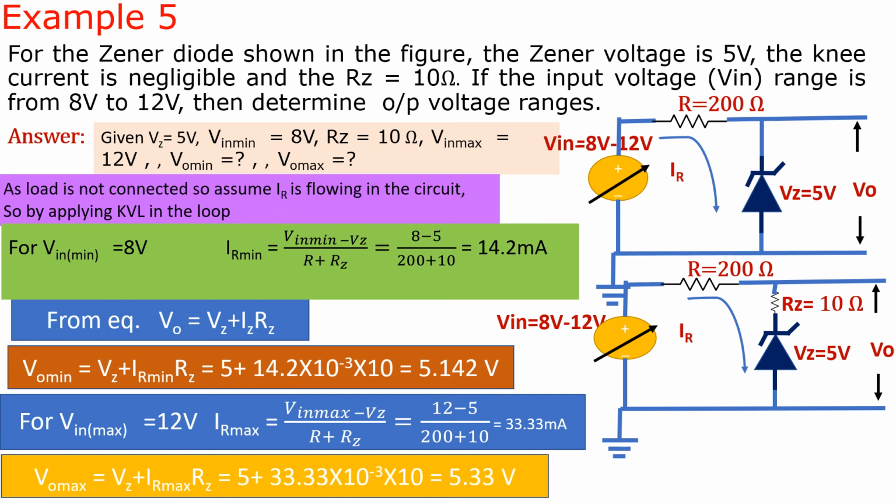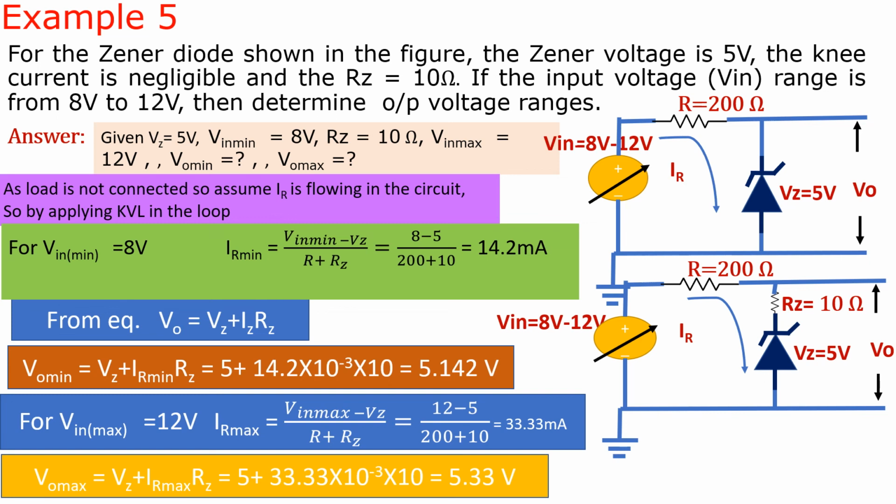So we started with the analysis of the voltage regulator circuit with varying load resistor and varying input voltage, and then we considered the design, and found out the series resistor value when the range of the input voltage, range of the load current, and range of the Zener current is given.